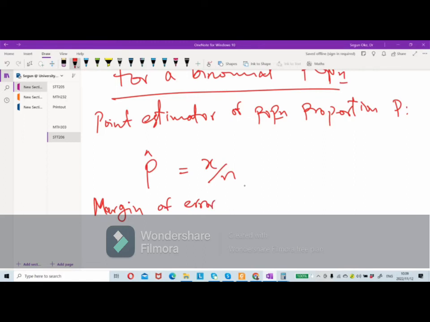It will be P cap plus or minus 1.96 times the square root of P cap Q cap divided by N.